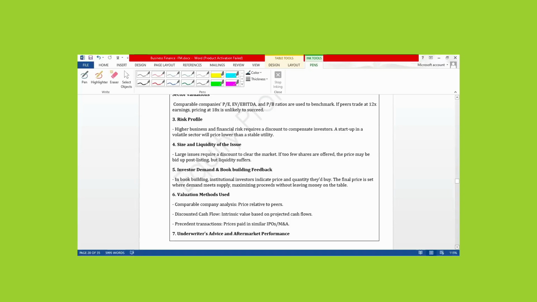You can also use valuation methods: comparable company analysis method, discounted cash flow method, precedent transaction method.